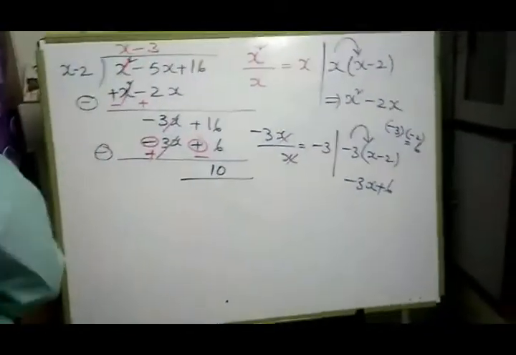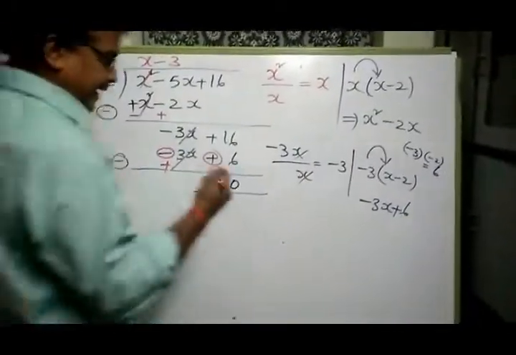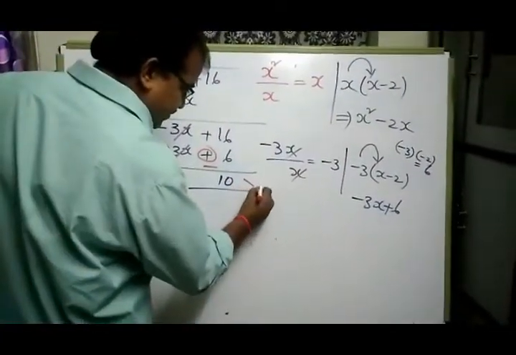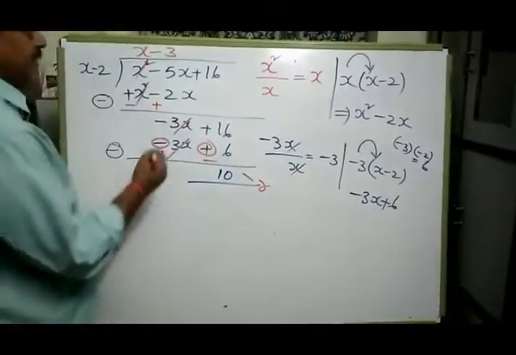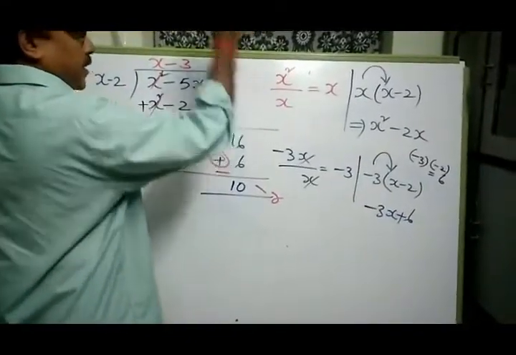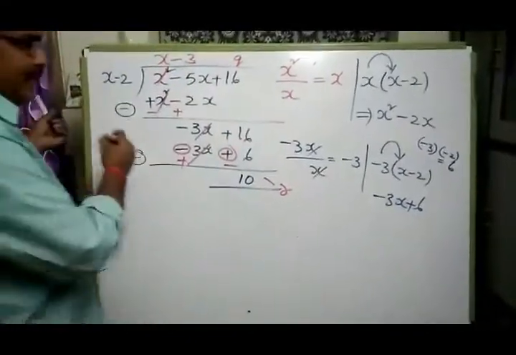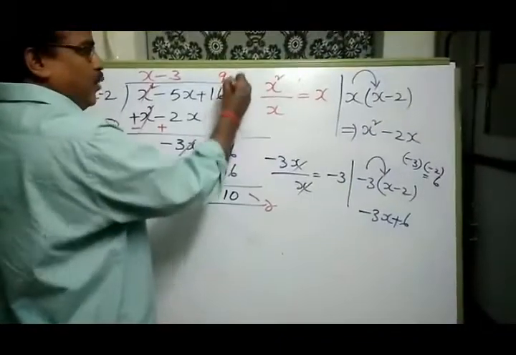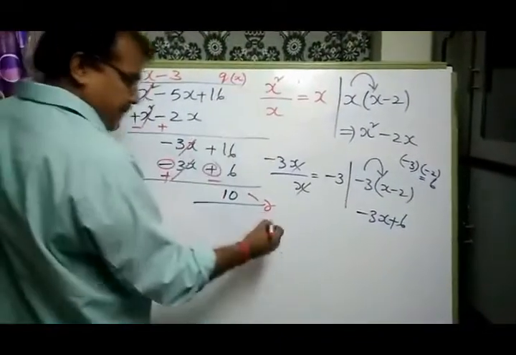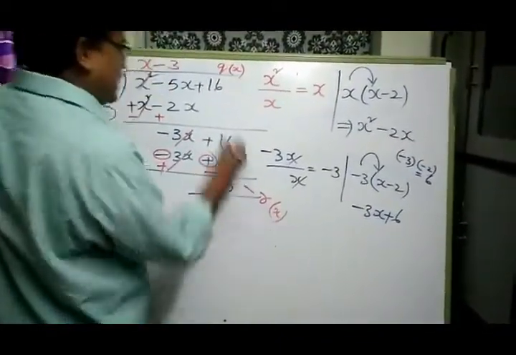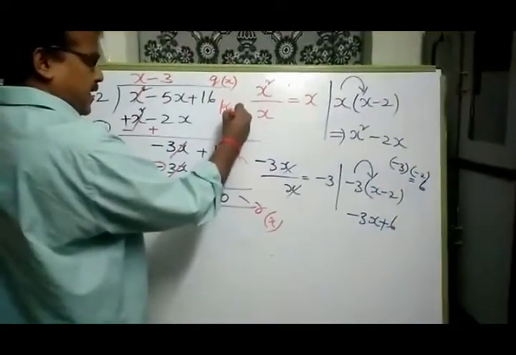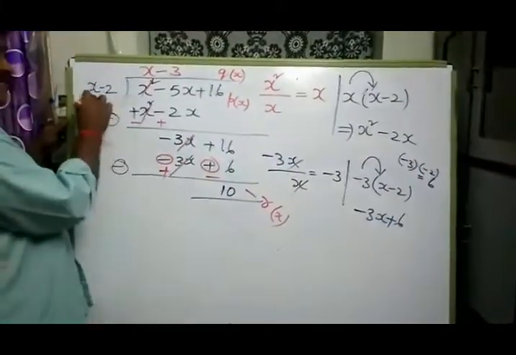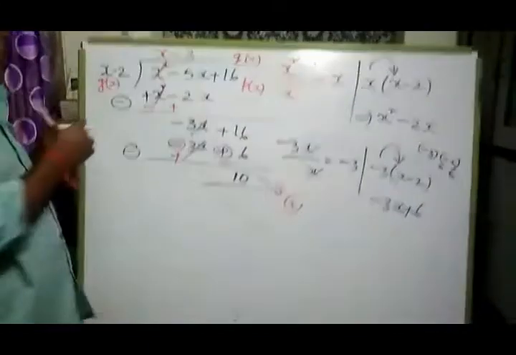Now this is remainder. This will be quotient q. Normally we write this like a polynomial q of x. This is r of x. This is p of x or f of x. This is g of x or anything, k of x.